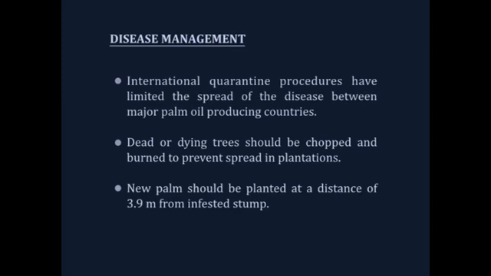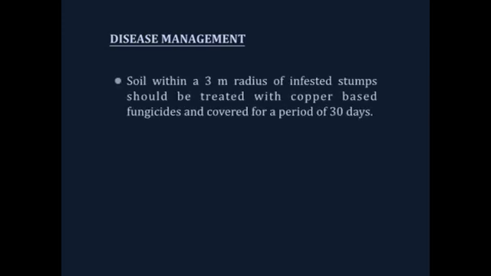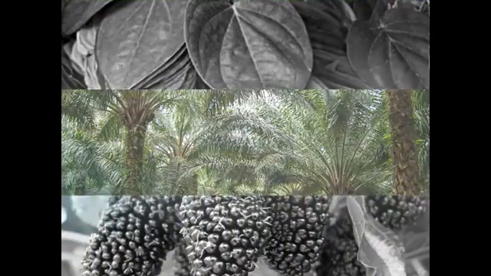New palms should be planted at a distance of 3.9 meter from infested stump. Soil within a 3 meter radius of infested stumps should be treated with copper-based fungicide and covered for a period of 30 days. Next, coming to the conclusion of the topic.